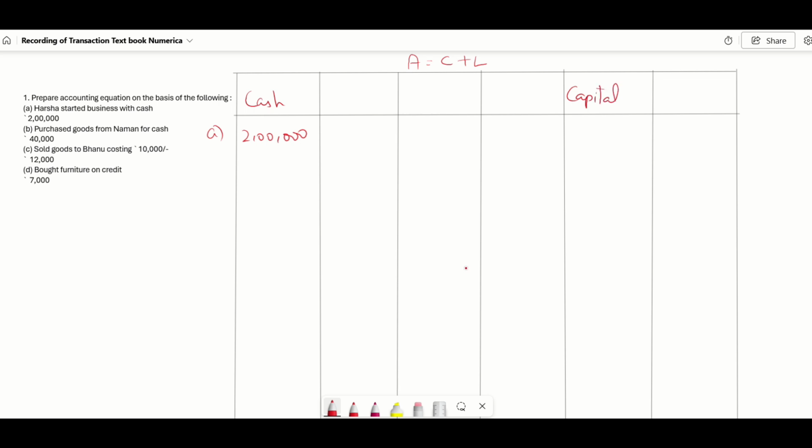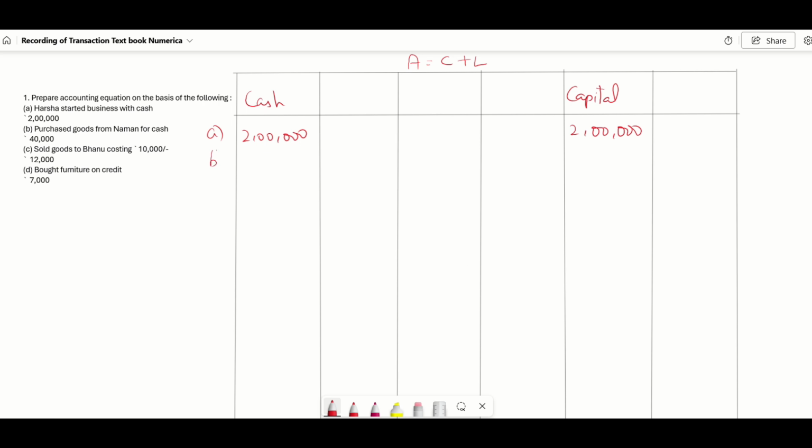He has started a business, which means that cash will become the capital of the business. So here also you will enter 2 lakh. Cash is a part of asset and capital comes under the liability side of the balance sheet. So asset is equal to capital; as of now the equation is balanced.